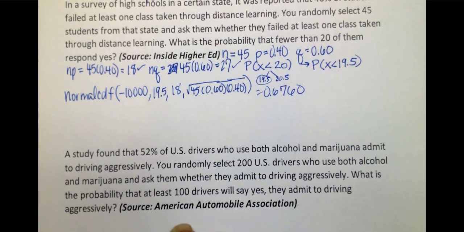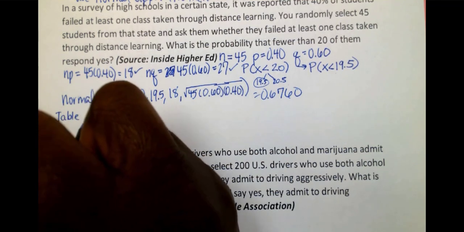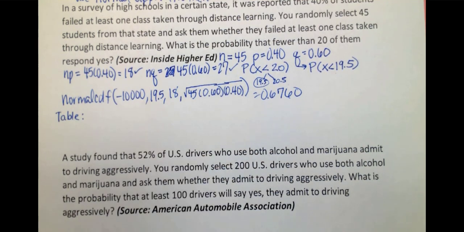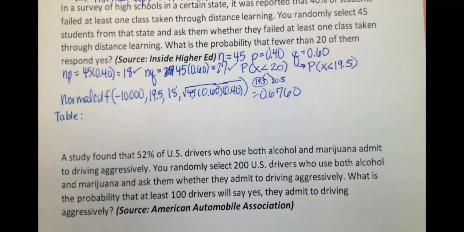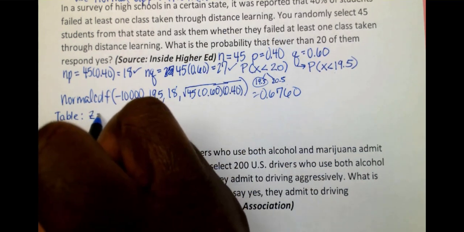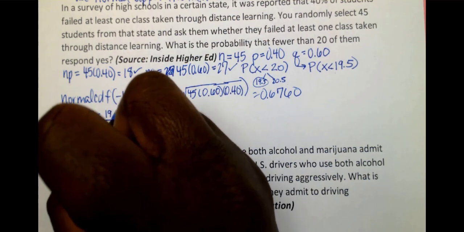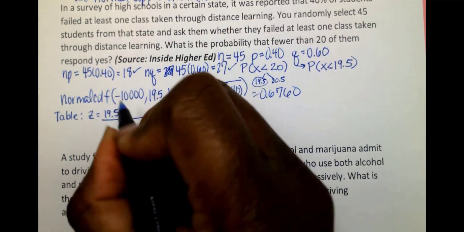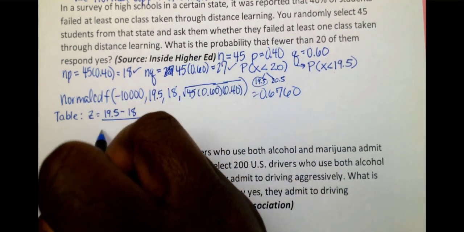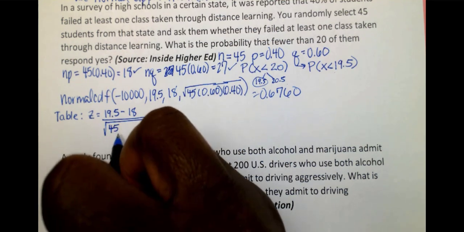So my tables. For the table, we're going to do the same thing. Can you believe it? X value that's given with our probability, minus the mean, divided by the standard deviation. So our X value that's been corrected, minus our mean, divided by our standard deviation.